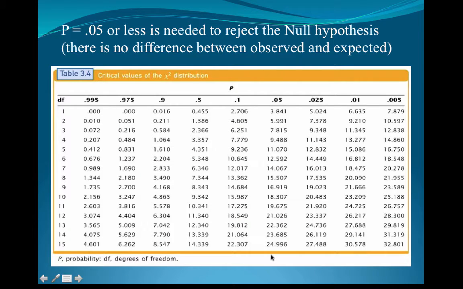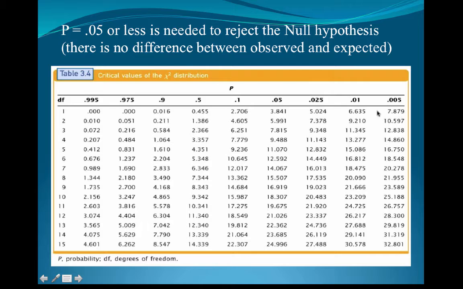We know that our calculated chi-square value from the previous slide was 2.0, and we know that our degrees of freedom were 1. If we follow this row of values, we find that our calculated chi-square value falls between 0.5 and 0.1, which is larger than 0.05, our cutoff value.